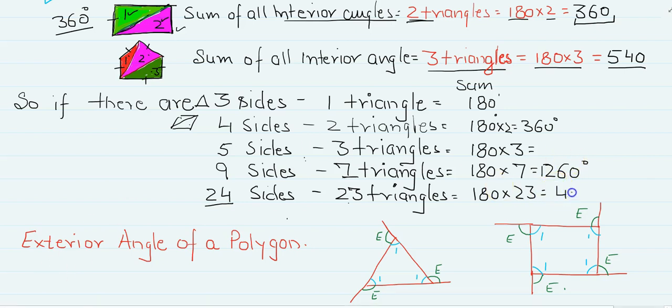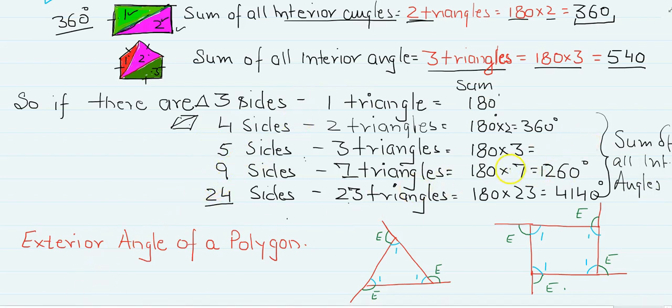So that will be 4140 degrees. What we have calculated is the sum of all interior angles of polygons having different sides.